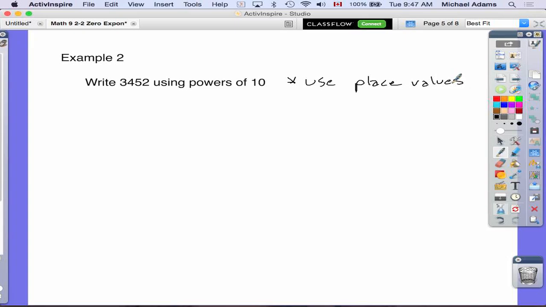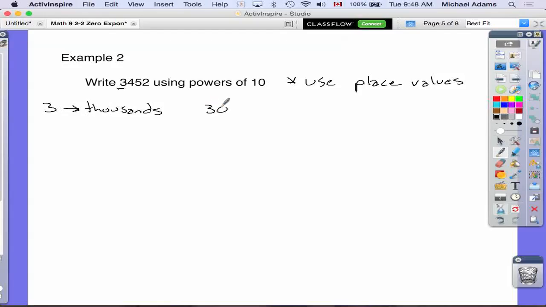Okay, so let's use place values. Let's take a look at the digit 3. 3 is in what place value? So 3 is in the thousands place value. That makes sense, right? So how would I write 3,000s?